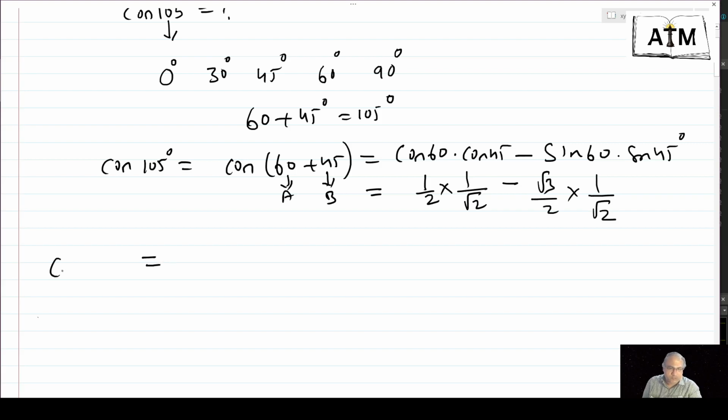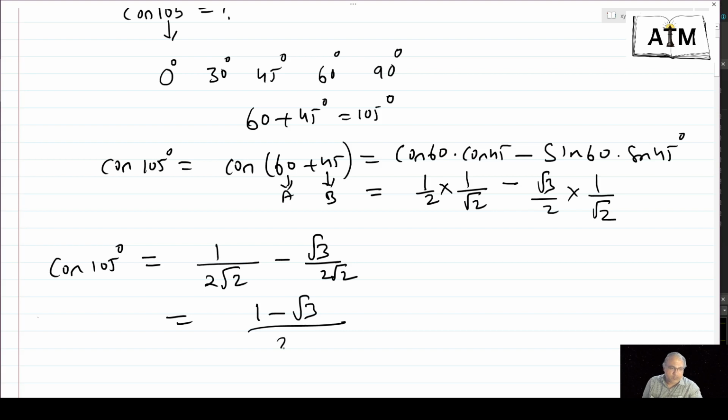So this gives us 1 upon 2 root 2 minus root 3 by 2 root 2. The denominators are equal, so we get 1 minus root 3 upon 2 root 2. This is the required answer for cos 105. So cos 105 equals 1 minus root 3 upon 2 root 2.